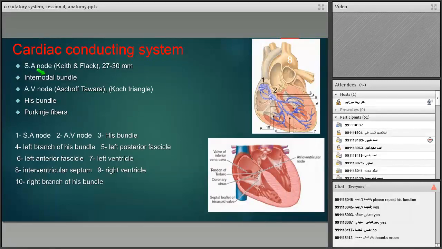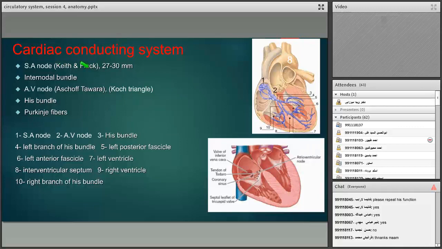Now, let's talk about the cardiac conducting system. The cardiac conducting system consists of some parts. The first and the most important part is the SA node, the sinoatrial node. The sinoatrial node is also called Keith and Flack.